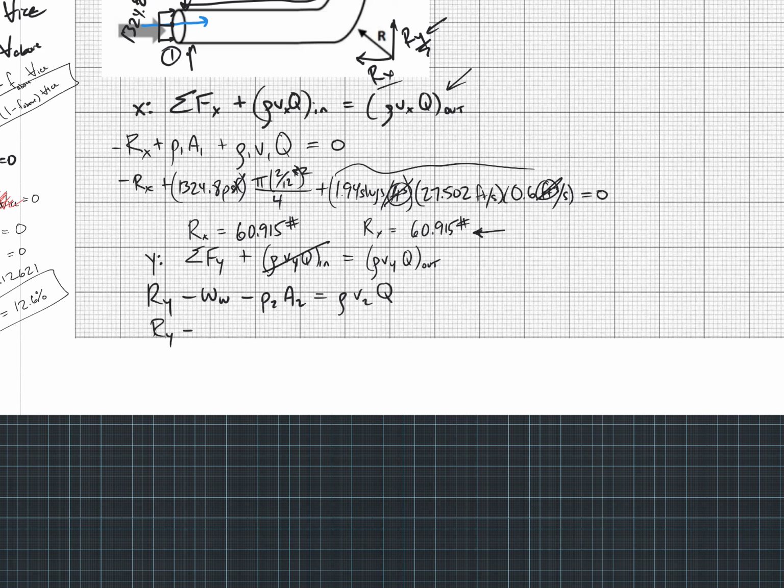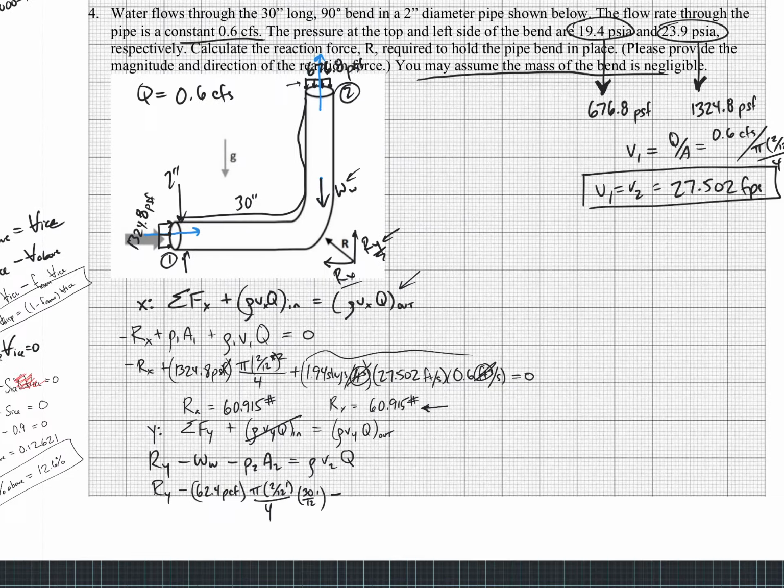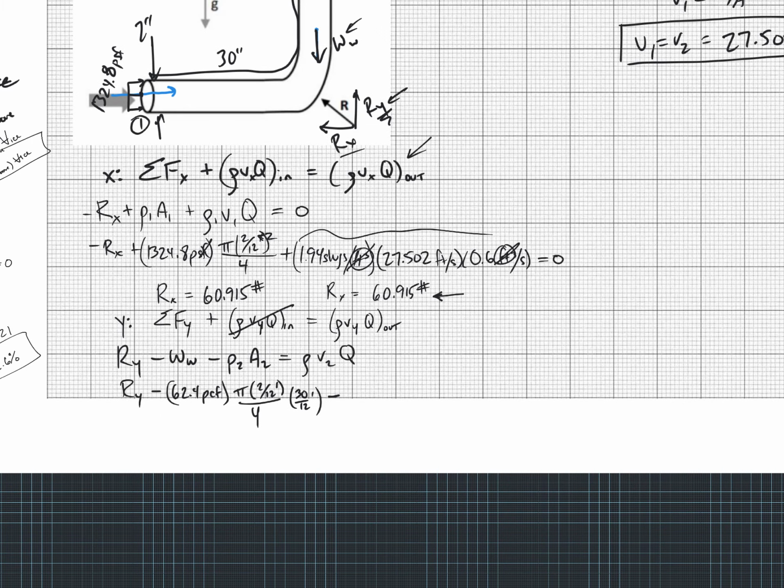So the weight of the water in this case is the gamma of water, 62.4 pounds per cubic feet, times the volume of water, which in this case is pi times (2/12 feet)² over 4, that's the area of the opening, times the length of the pipe, which I think is 30 inches. So 30 over 12 feet. All right, minus, here we go, P2A2, 676.8 PSF, times the area, which is pi times (2/12 feet)² over 4.